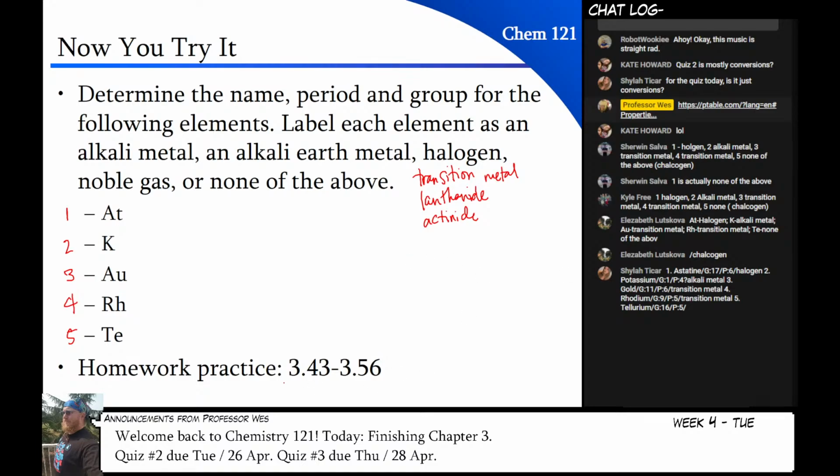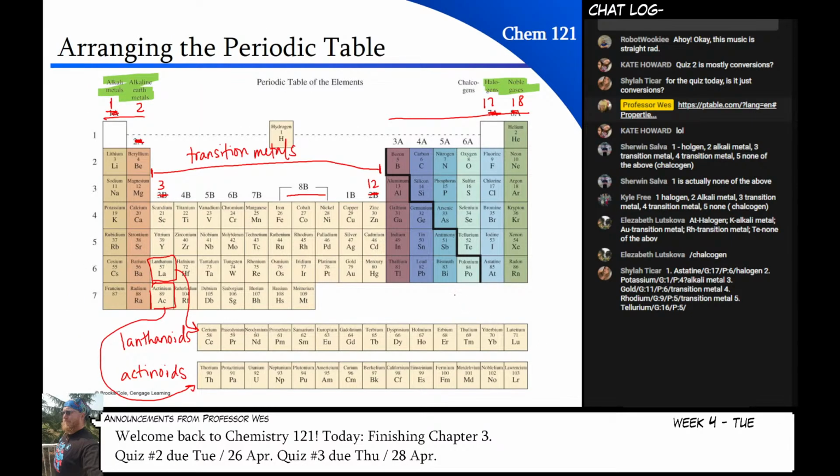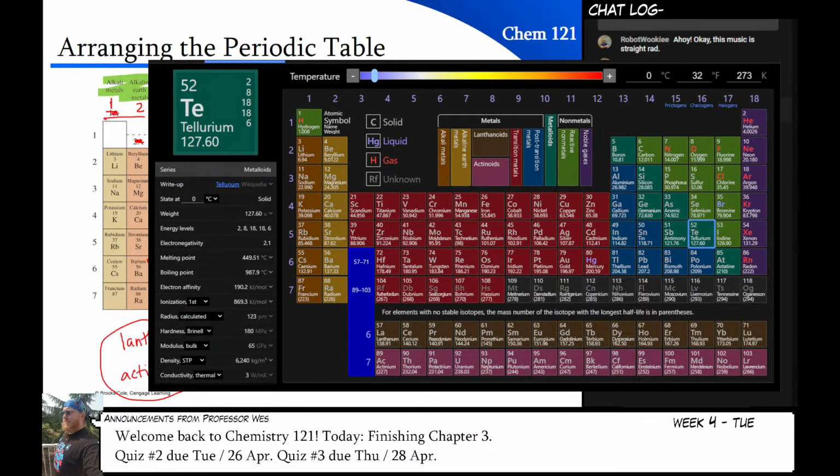All right, there's the homework practice for this section. We have one more thing to do for Chapter 3, and we're going to do that in just a second. But I am going to go back a slide and indicate what this thing is that I'm drawing over with the mouse when I have a pen. So that zigzag, unfortunately, does not show up on this periodic table.